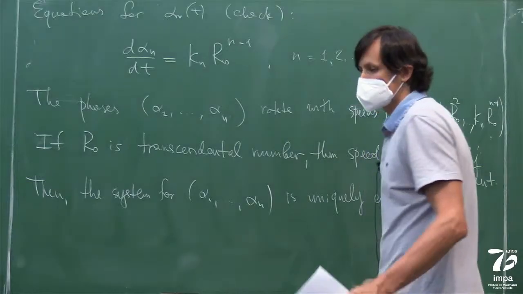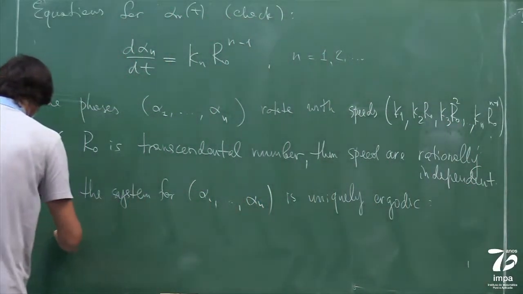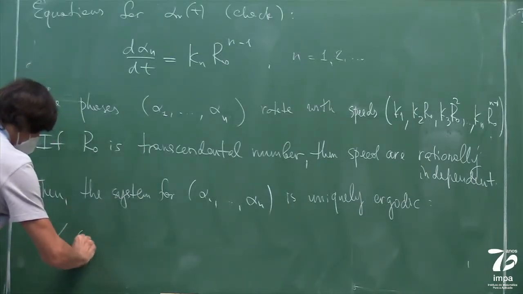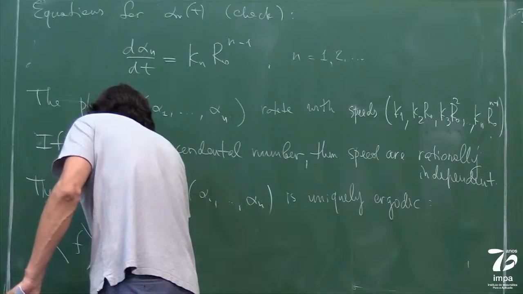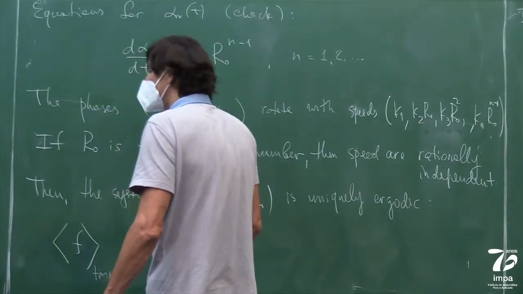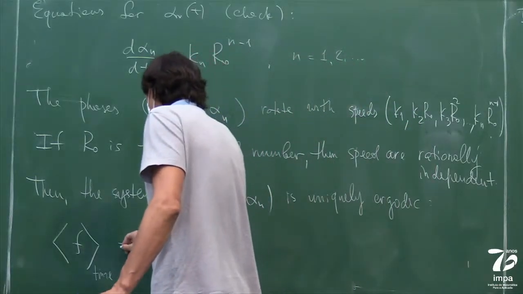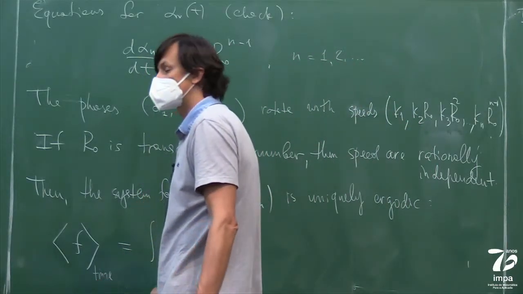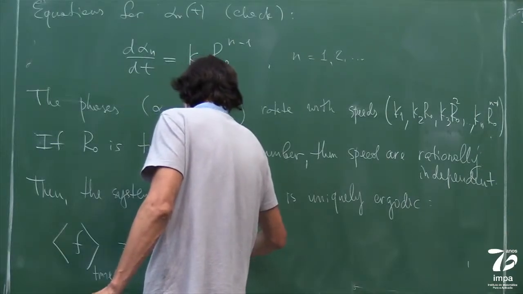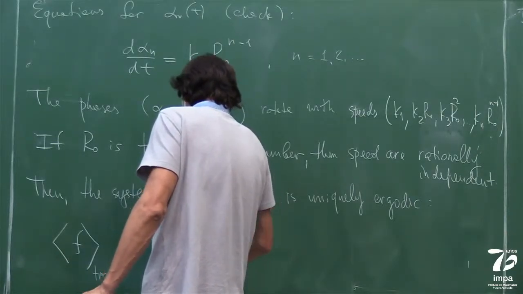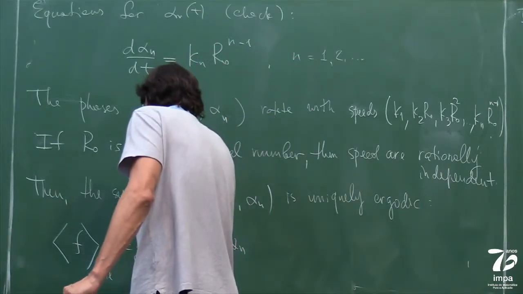And this implies one very important consequence, that the temporal average, so average in time, for any function of these variables is the same as the average in space. And average in space means that we also should divide by the volume.